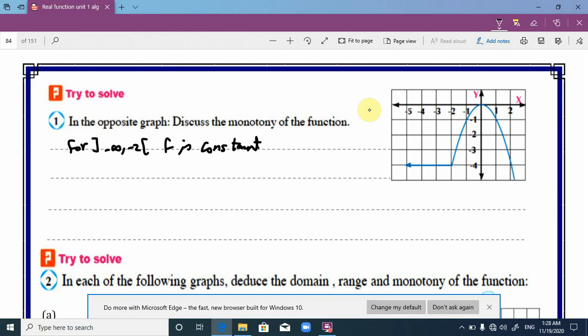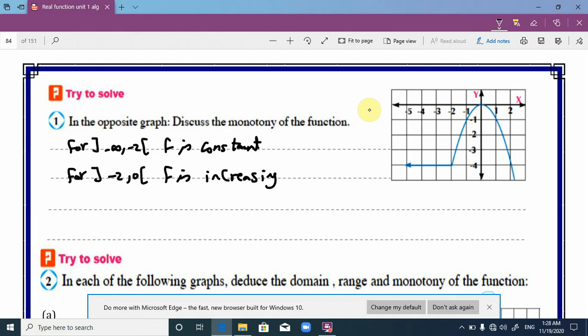So we write: from negative 2 to 0, f is increasing. The last interval, from 0 to infinity, f is decreasing.